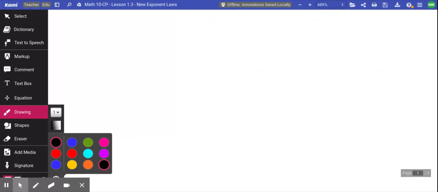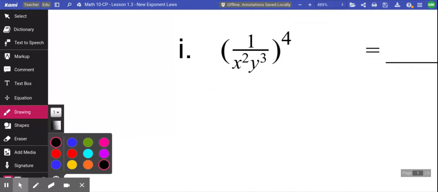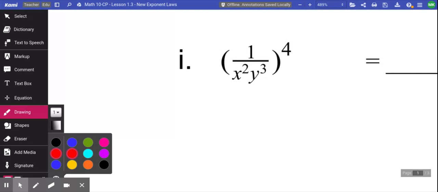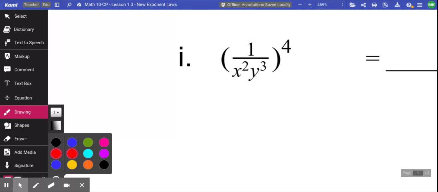I. Last one and trickiest one. So this 4 is going to come into the brackets to be the exponent on everything else. So it's going to come to this 1 to become 1 to the power of 4.